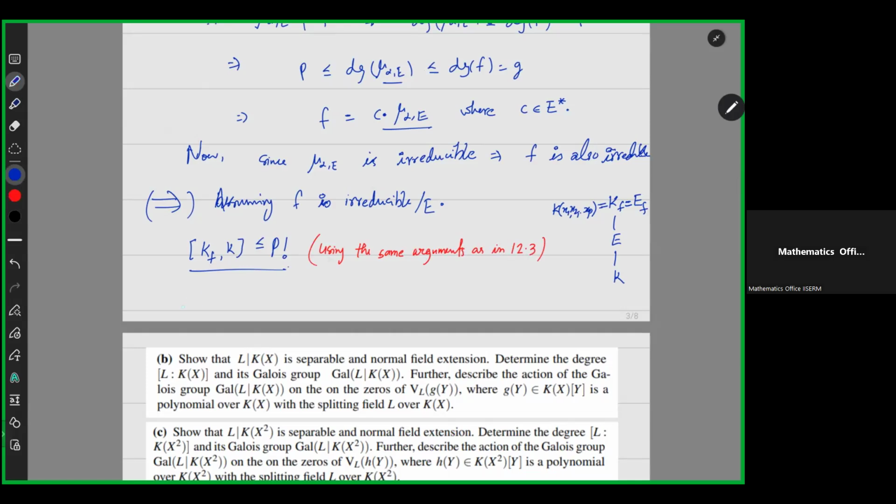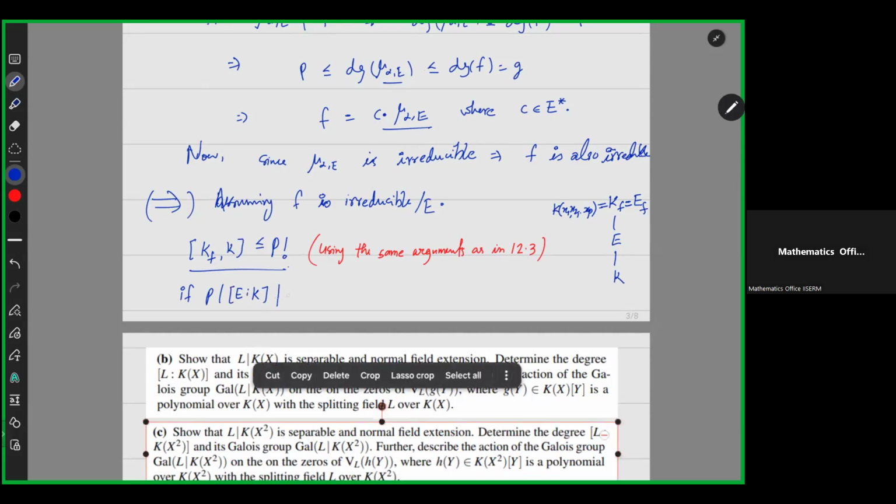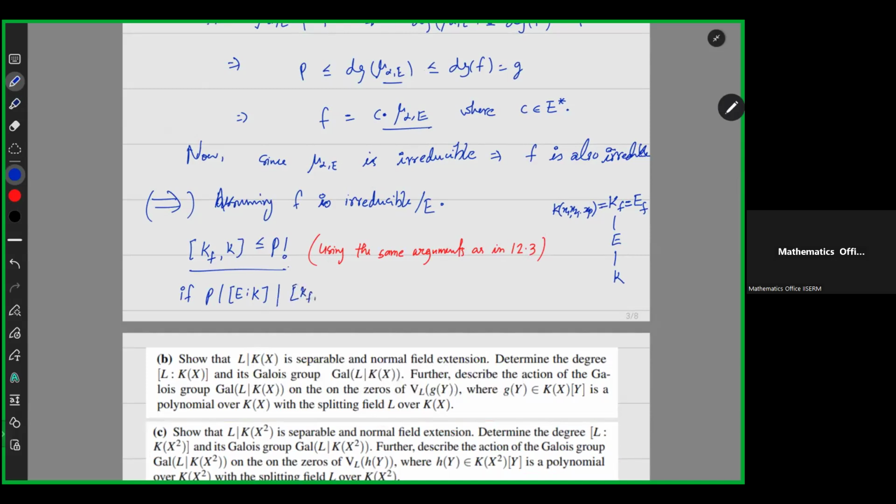Now if P divides the degree of extension E over K, what happens? And this degree of extension divides further K_F over K, the biggest degree of extension, right? So P should divide it.